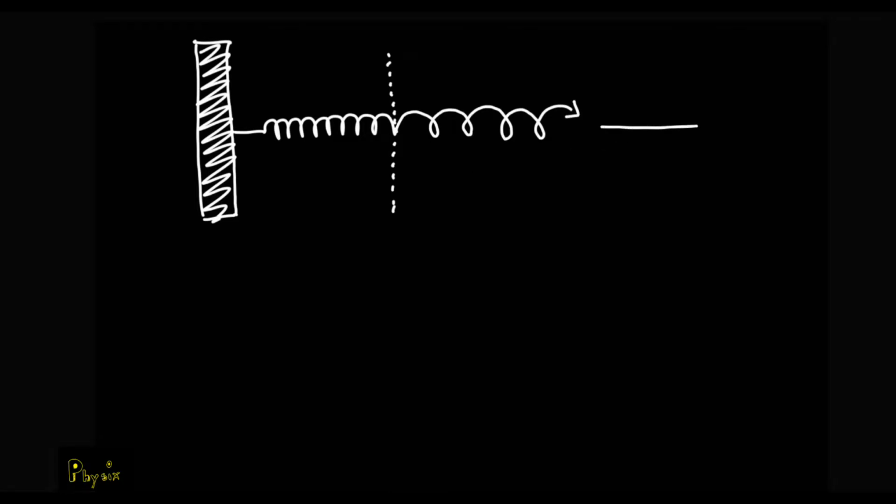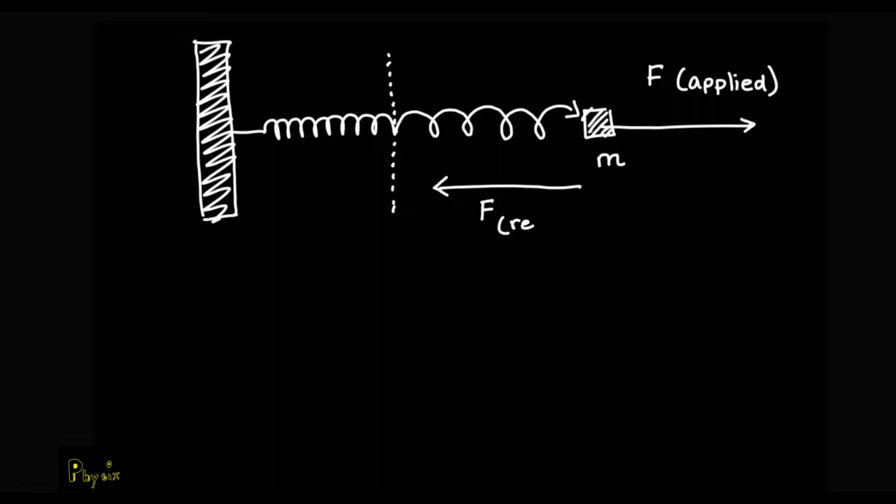Now, if we represent this in a spring, it also looks like this. Let's say that a force F is applied on an object which is in simple harmonic motion, and the object of mass m, or the particle of mass m, is connected over here. So you would say that the force which is restoring the object is pushing it in this direction, and we label this as F, the restoring force, right?